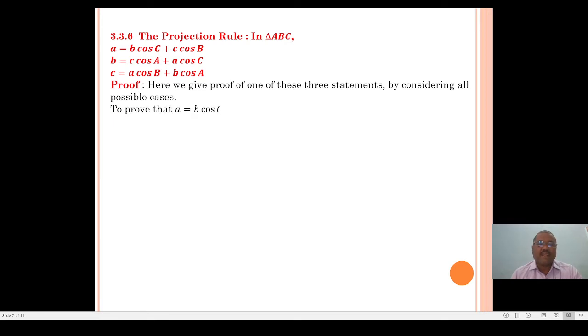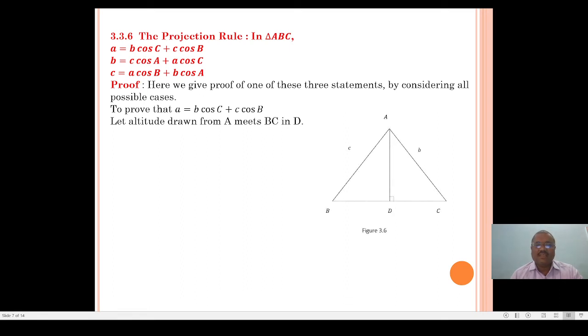So to prove that a equals b cos C plus c cos B, let the altitude drawn from A meet BC in D. See the figure. We draw an altitude from vertex A. It meets side BC in D. So BD is called the projection of AB on BC.